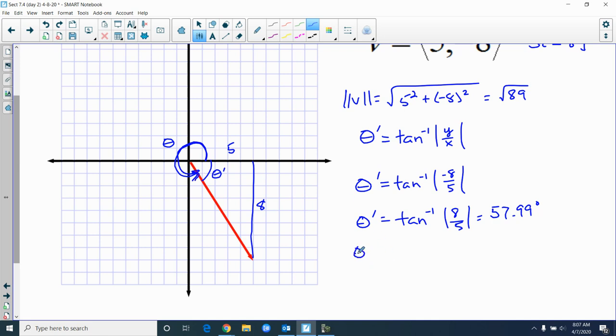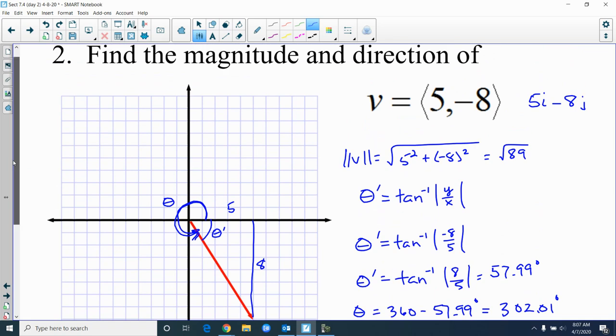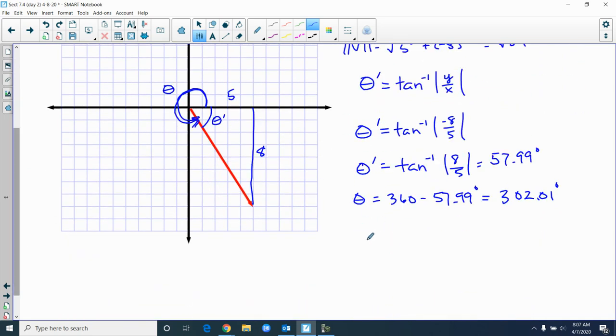So in this case here, our direction is going to be 360 minus 57.99 degrees, which is 302.01. So the position vector 5, -8 has magnitude square root of 89, and direction of 302.01 degrees.